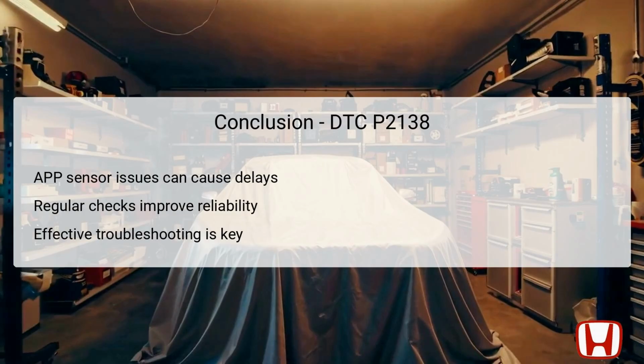Regular inspections and preventive maintenance can significantly reduce the risk of this code returning. Ultimately, understanding the roles of the APP sensors and the PCM, along with following these troubleshooting steps, empowers owners and technicians to maintain optimal vehicle performance and reliability.